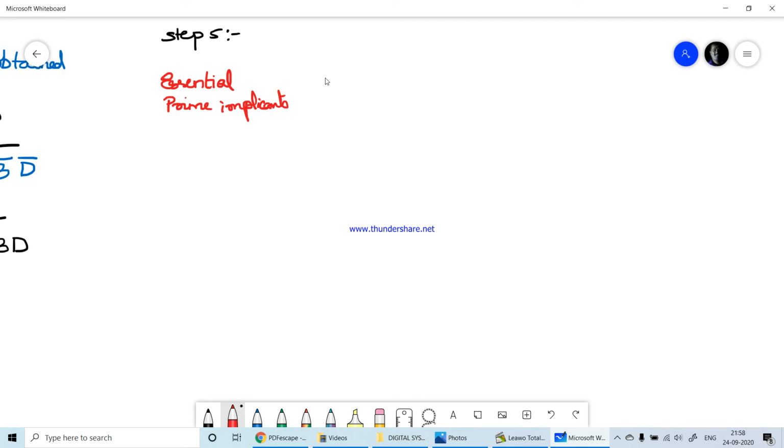Then I'll say minterms involved in those essential prime implicants. Then I list all the minterms which were given in the question. So I have 0, 2, then 5 which is given in the question, then 7, 8, 10, 13 and finally 15. Now I'll make a table.